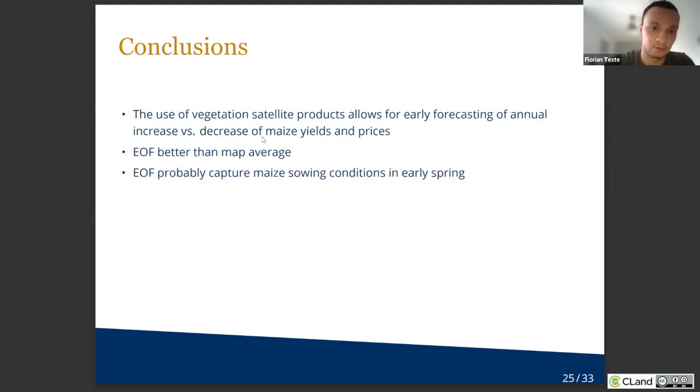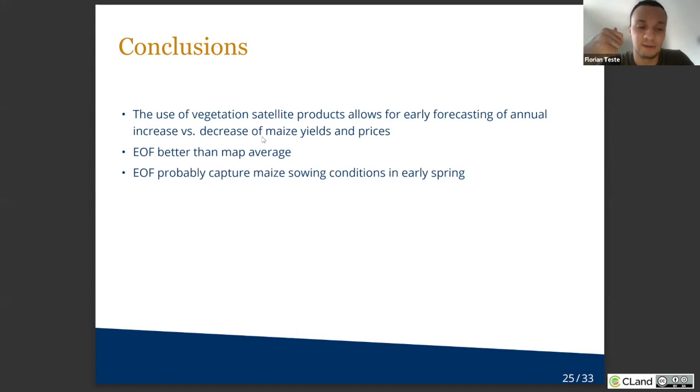So yeah, just to conclude, we've seen that we can develop a model using remote sensing data for early forecasting of annual increase and decrease of maize yield and maize prices.